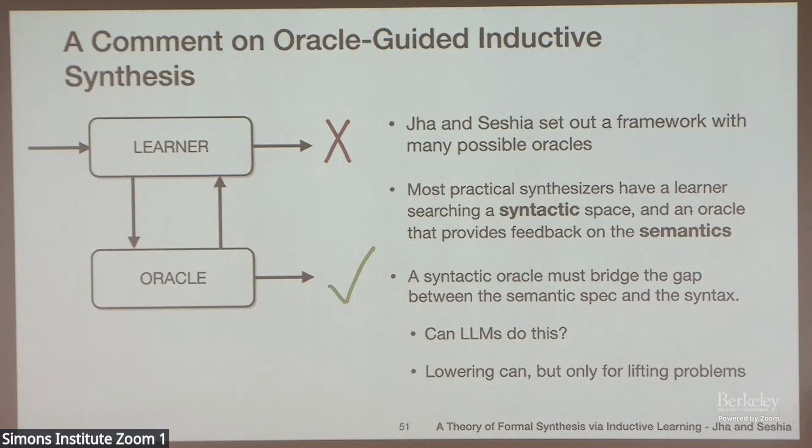In the second case, because we're looking specifically at lifting, we're making the observation that by using this lowering, we can infer a specification that would be satisfied, and then we can use that to do a syntactic comparison. But I think one of the key challenges in synthesis that I hope LLMs can allow us to tackle is being able to bridge between the semantic specification and the syntax that you need.